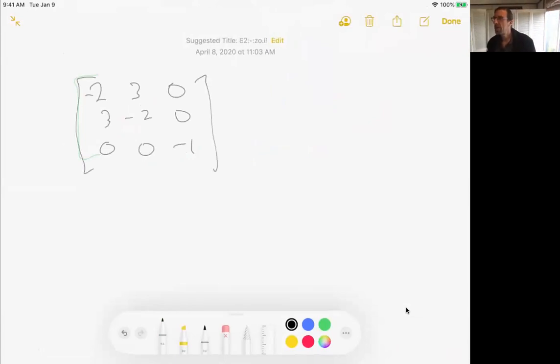So just to remind you all, they say this partially decouples. What that means, if we remember, is this is shorthand for a system. You have to multiply this by x, y, z to get dx/dt, dy/dt, dz/dt.